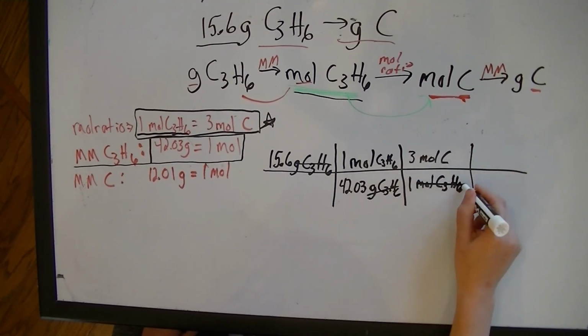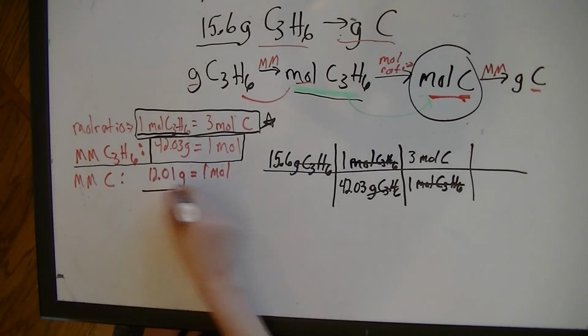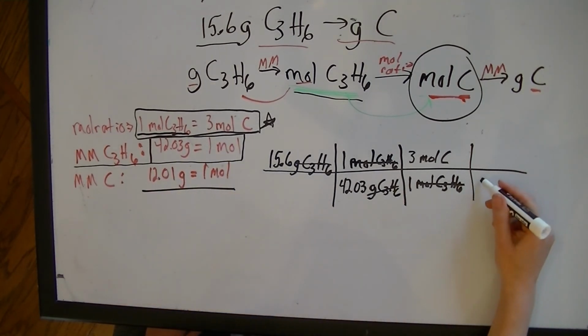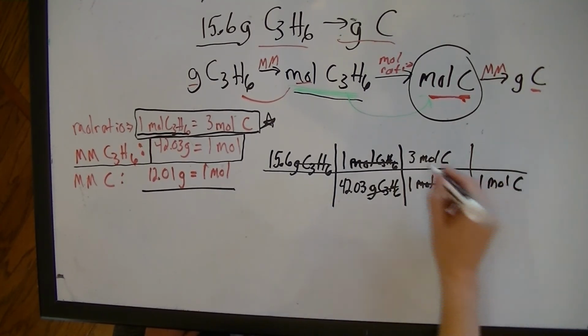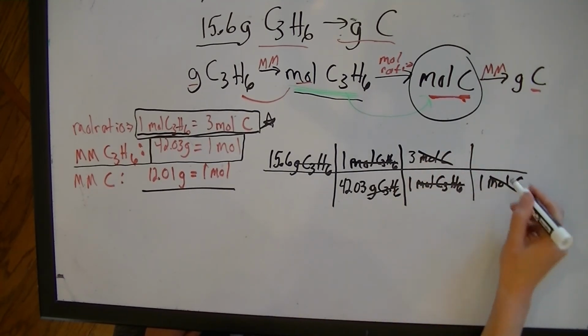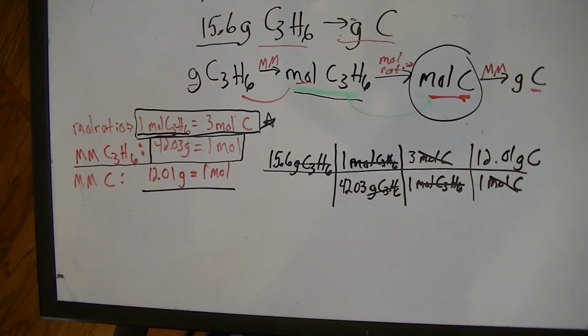So moles of C3H6 are going to cancel. Now I have my moles of carbon using that mole ratio. The last step now is using the molar mass of carbon. Moles is going to go on the bottom because that is what I'm trying to get rid of, and they need to be on opposite sides of this line to cancel. So the 1 mole on the bottom, and then my 12.01 grams of carbon on the top.